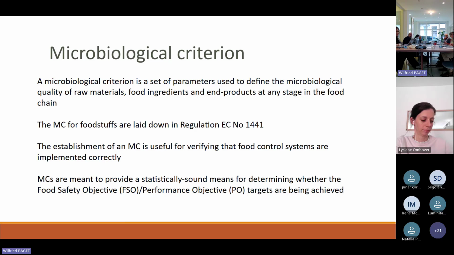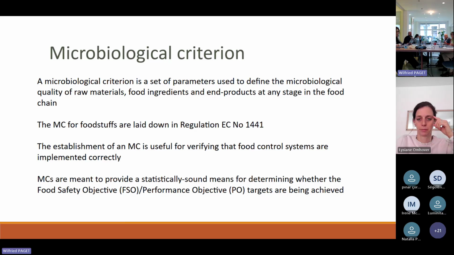A microbiological criterion is a set of parameters used to define the microbiological quality of raw materials, food ingredients, and products at any stage in the food chain, and they are laid down in regulation 1441 of the European Commission. The establishment of a microbiological criterion is useful for verifying.